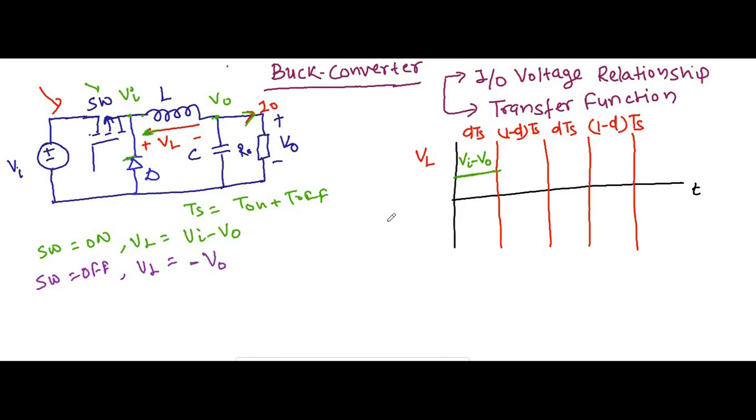Whatever your output voltage is, that is V0, you will see here minus V0. If you now draw the characteristic, during the off time the voltage across the inductor is minus V0.